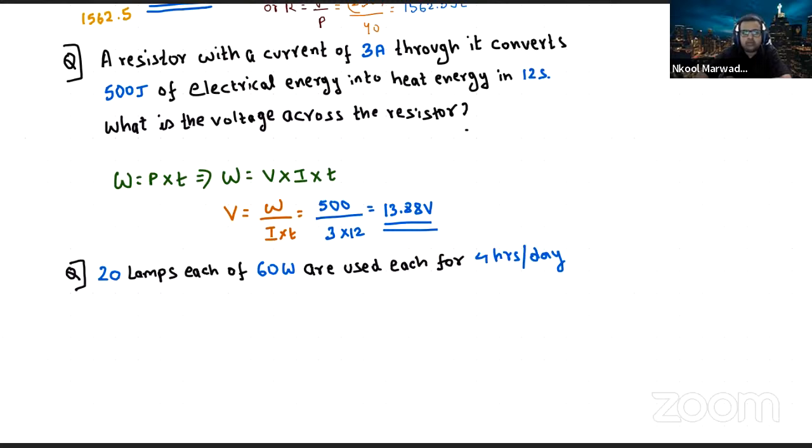So in a building, we have 20 lamps which are being used 4 hours per day, and every lamp consumes 60 watt power.